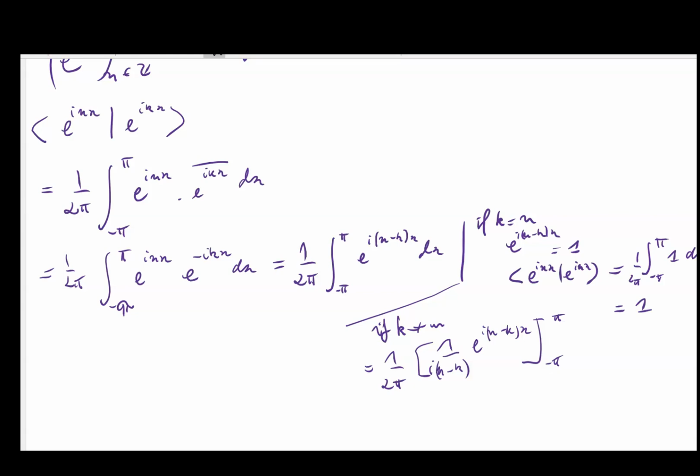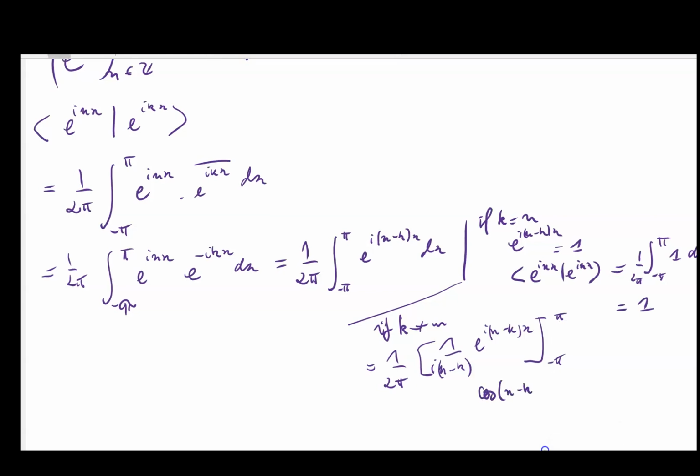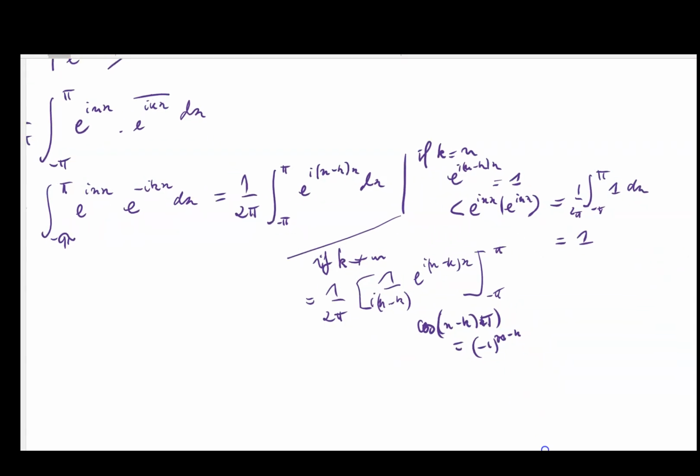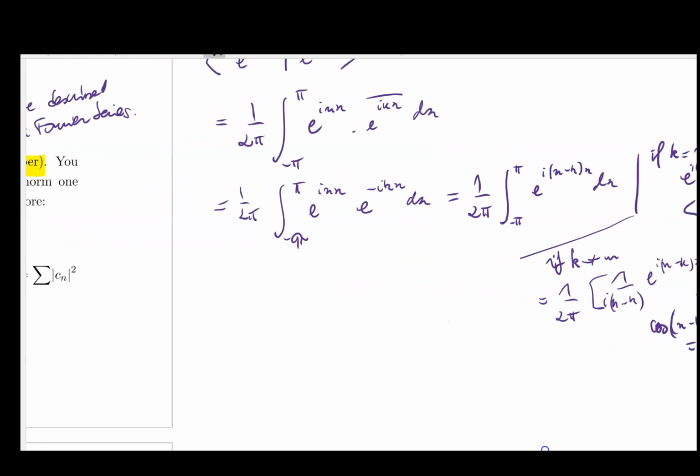That's e^(i(n-k)pi), which is just going to be cosine of something times pi, so negative 1 to the power n minus k, plus i times the sine of anything times pi, which is equal to 0, minus the same with negative pi, and you know that the cosine is an even function, so that's going to be equal to 0.